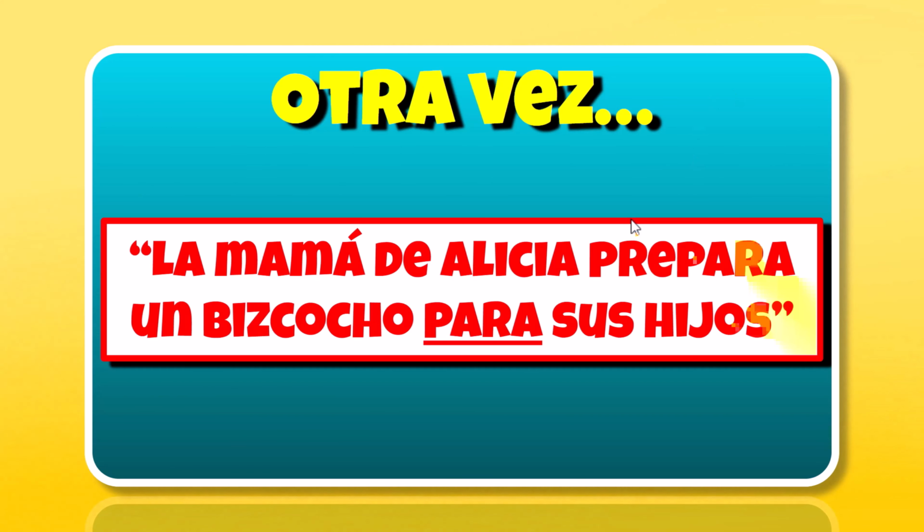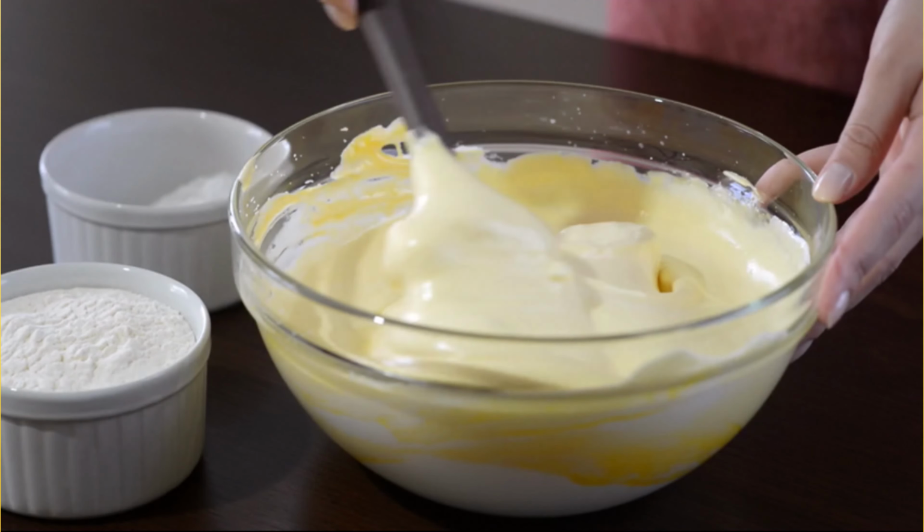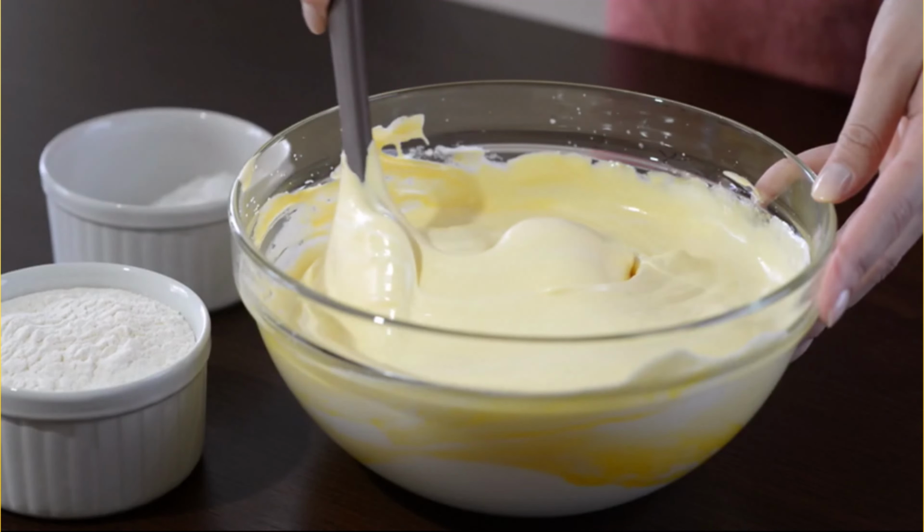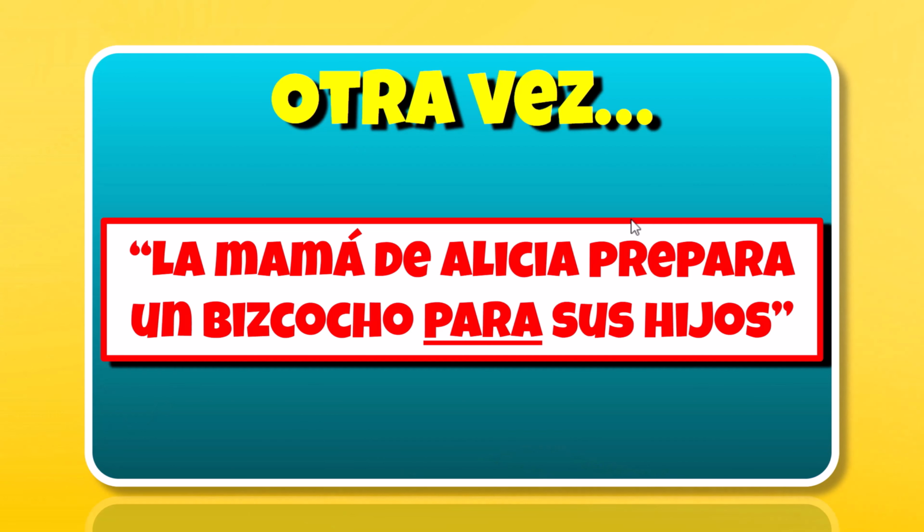El segundo ejemplo. La mamá de Alicia prepara un bizcocho para sus hijos. Alicia's mother prepares a cake for her kids. To whom or for whom is a cake being prepared? It's for her kids. So notice right there, that's how we get our indirect objects, simply by asking those two pertinent questions, to whom or for whom.